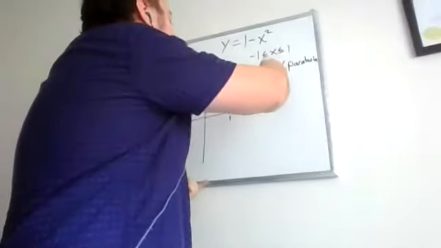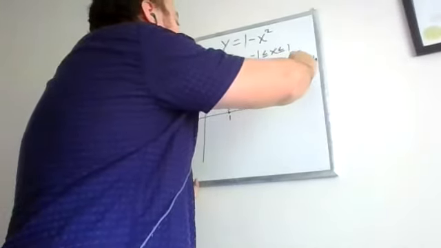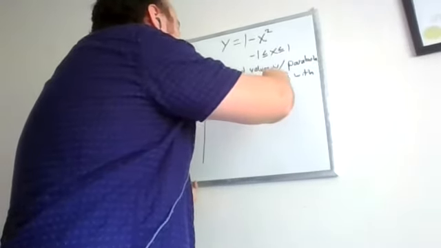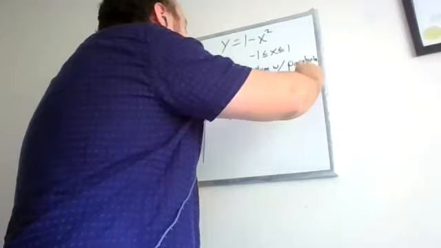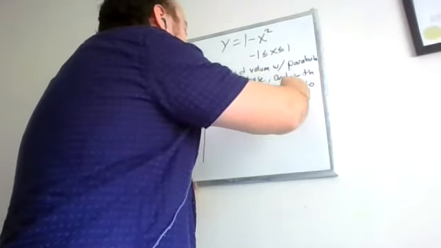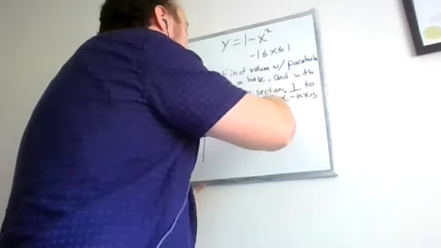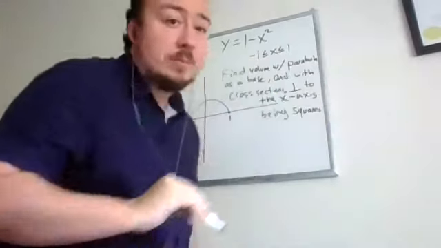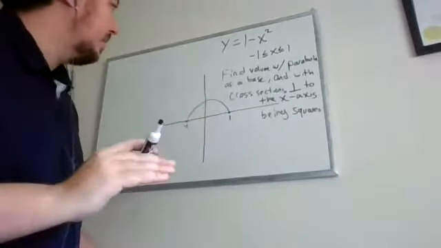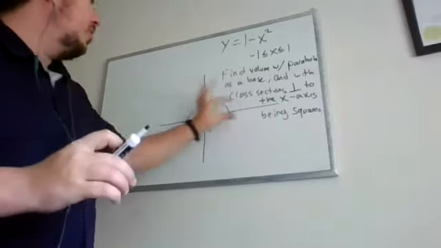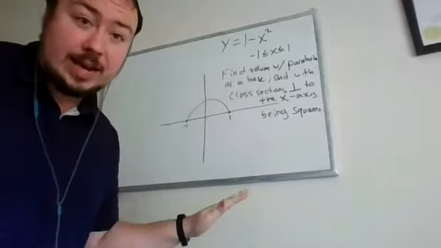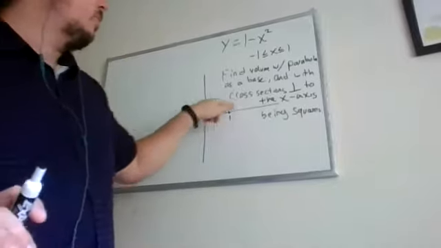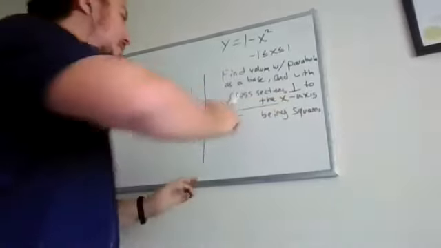With the parabola as a base and with cross sections perpendicular to the x-axis being squares. Okay, so that's kind of a mouthful, so let's go over what this means. So this is going to be the bottom shape right here, but remember, this is just a flat 2D shape. This isn't 3D yet. The way we're going to make it 3D is we're going to have cross sections perpendicular to the x-axis that are squares.